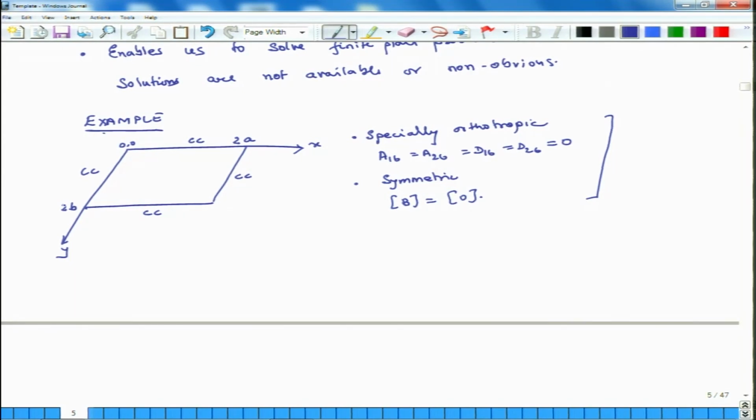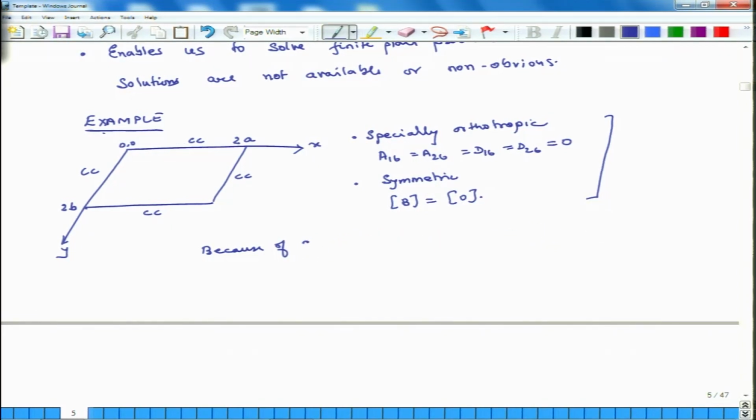Okay. So, because of these conditions, because of special orthotropy and symmetry. Actually, it's primarily because of symmetry. So, I'll correct that.